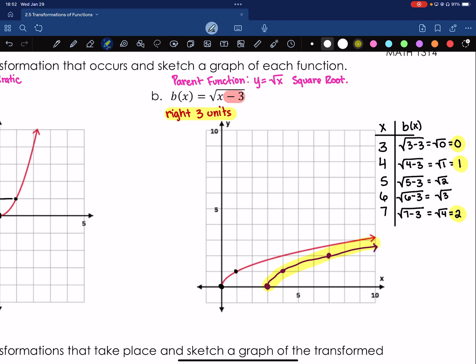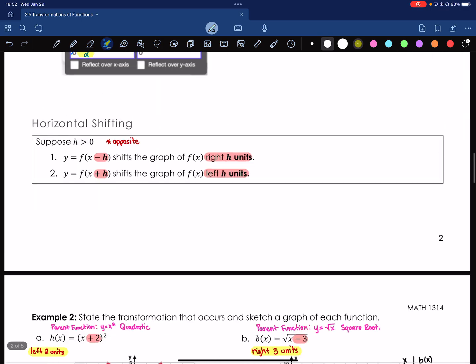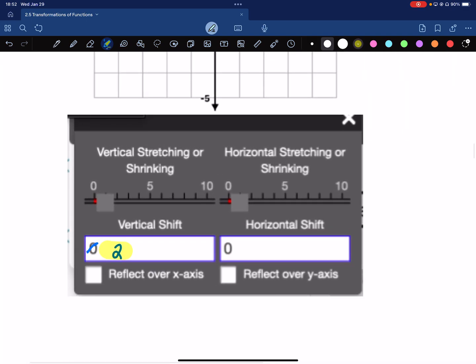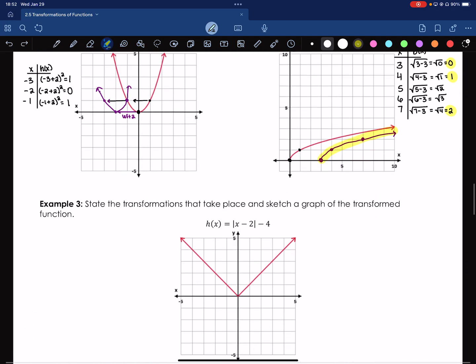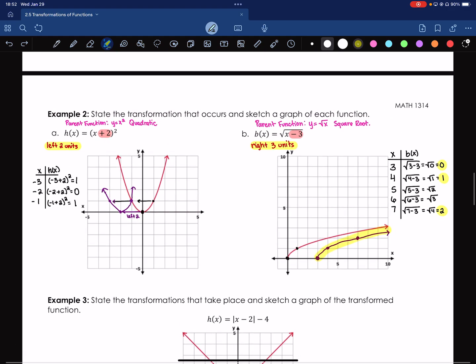Once we get into some of the reflecting and the stretching and the shrinking, then the parent function may not be as helpful, and the table would probably be our best bet, unless this pops up and then everything's made so much simpler because you don't actually have to plot, you just have to plug in whatever's happening here. Okay. Anyways, so that is the horizontal transformations, shifting left and shifting right.